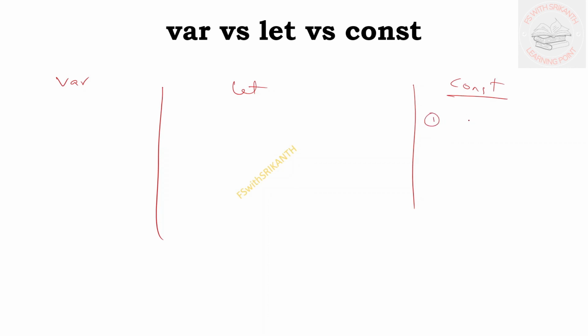Already we know that one. Once you declare one const variable, it is a fixed one. We cannot reassign this const variable. But let has block scope and var has variable scope, right? With var we can update and redeclare.